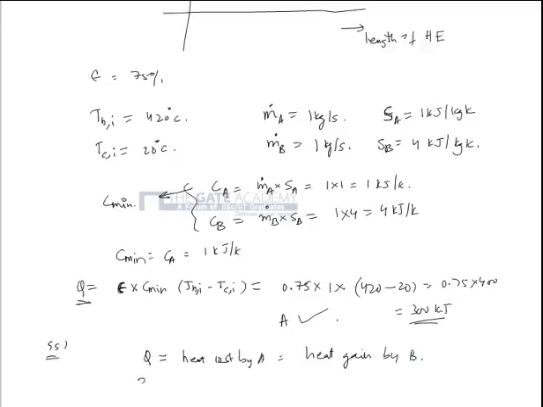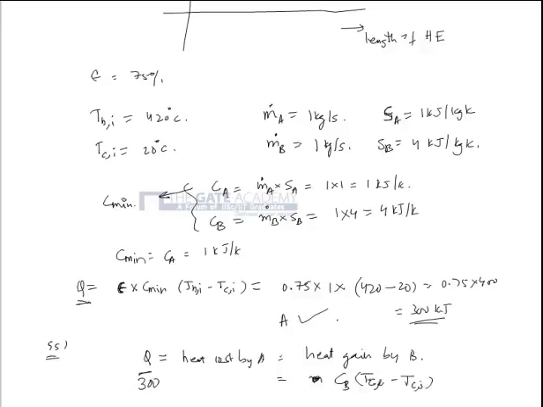So heat is 300 kilojoules, and the heat lost by A is not required. The heat gained by fluid B is the change in its internal energy, which is the specific heat into the temperature change.